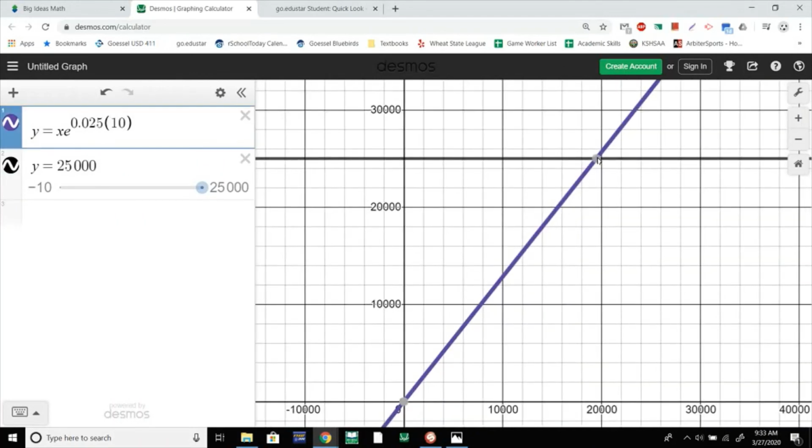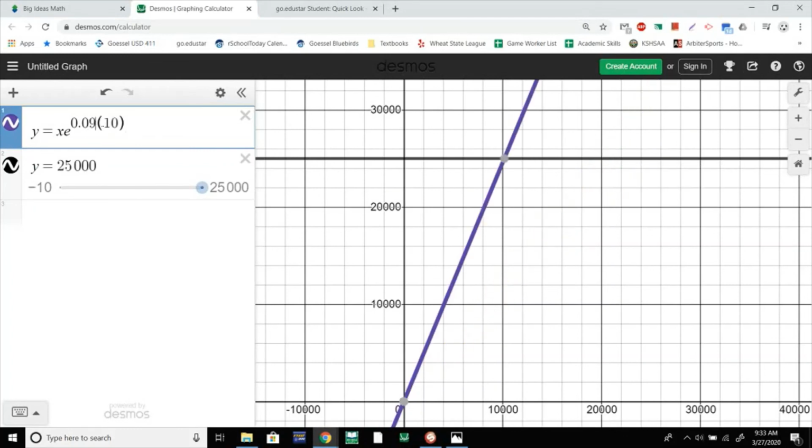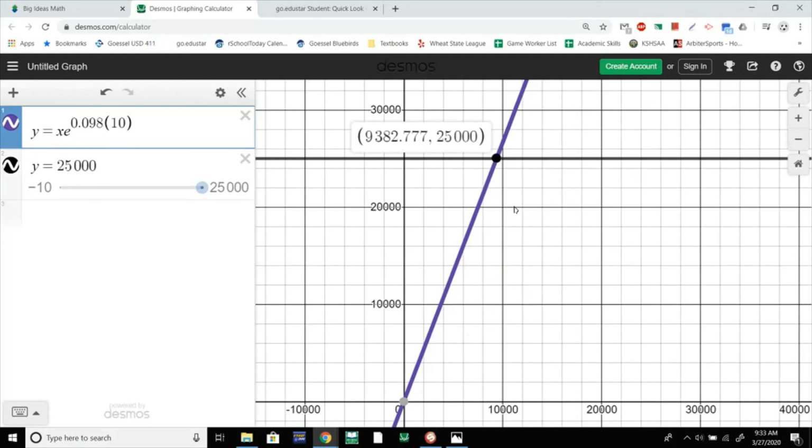There it is. Oh, we don't have to have a graph of this, but that does not look right. 19,000 available in 10 years. 0.098. It helps if I write the right numbers, doesn't it? Okay, so that's one way to do it.